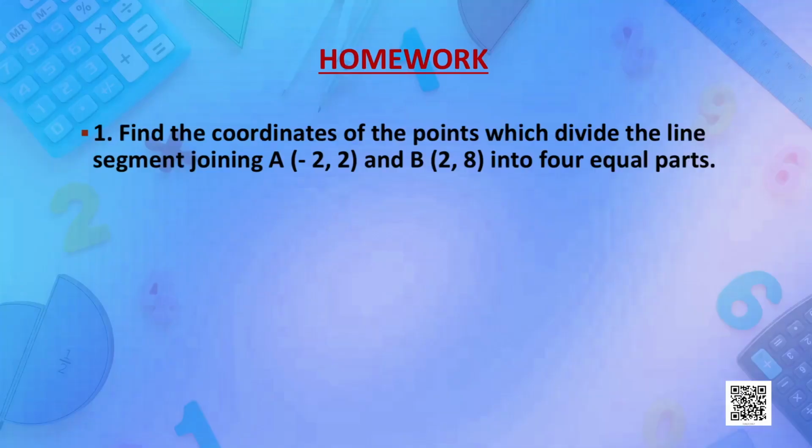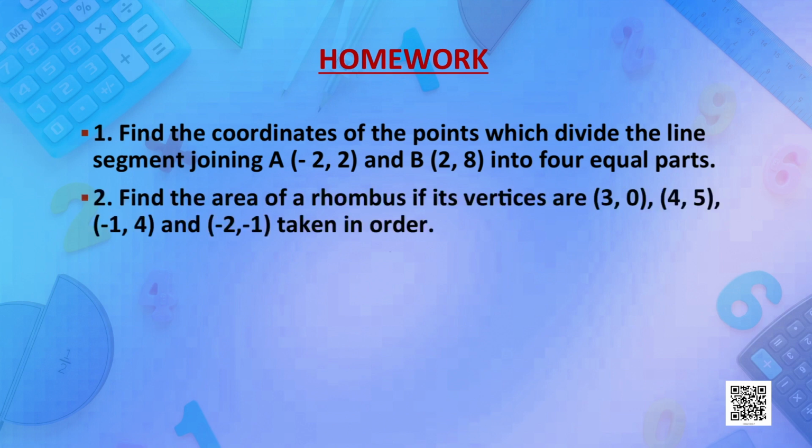Now, these are the questions for your homework. Question number 1, find the coordinates of the points which divide the line segment joining A -2, 2 and B 2, 8 into 4 equal parts.